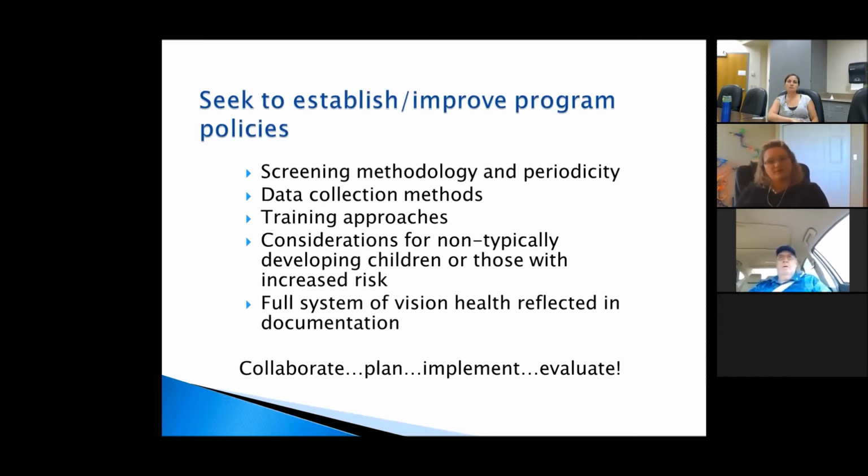You know, how are we going to screen children in different age groups? And what is the evidence that drives practices within those different age groups? How you screen a child in the preschool age is going to be different than how you do it and how often you do it at school age levels. There are different needs, different reasons for screening in these different age groups, to make sure that you have strong policies in place about why you do something and when you do it.